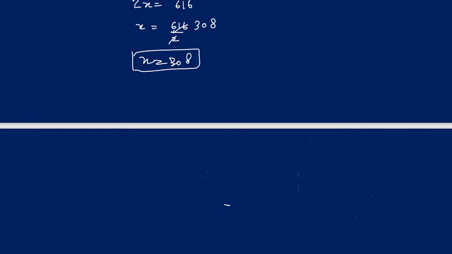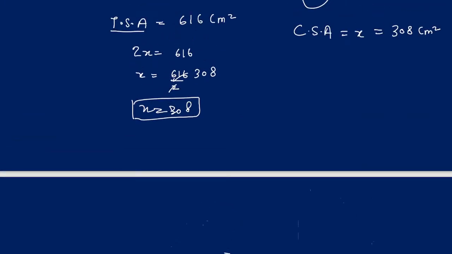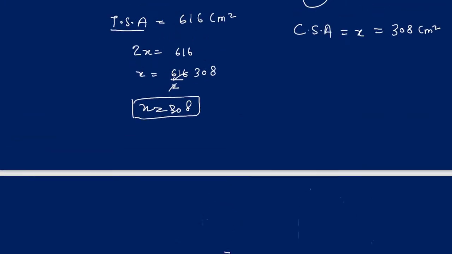Correct? So we have calculated the curved surface area and total surface area. Now we want the volume. If you want to calculate volume, then the volume of the cylinder equals pi r square h.